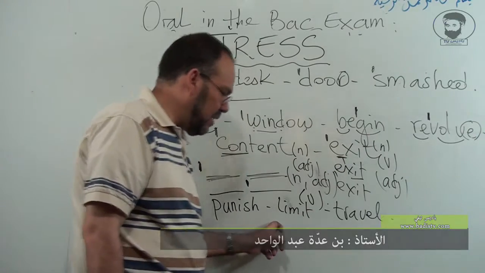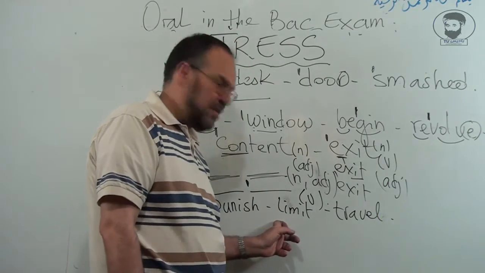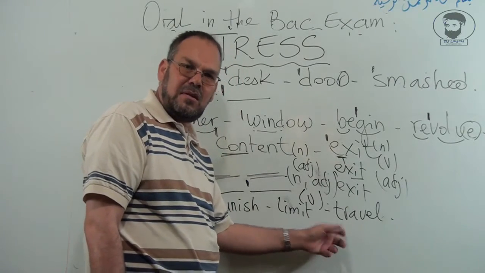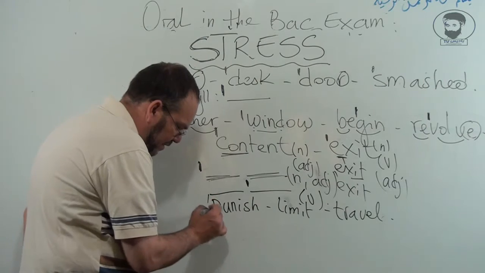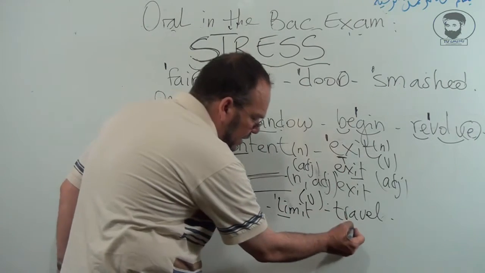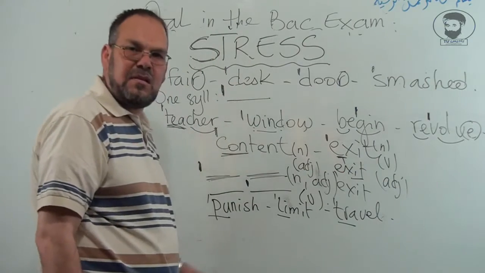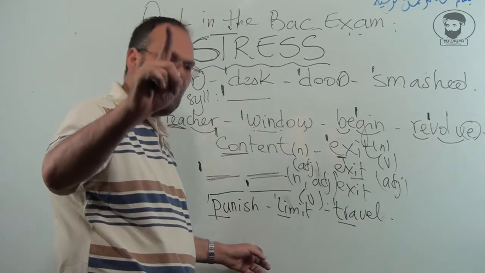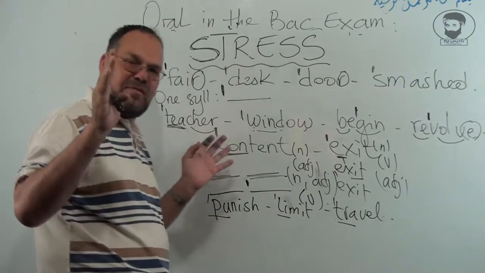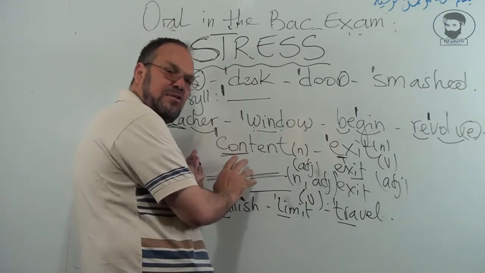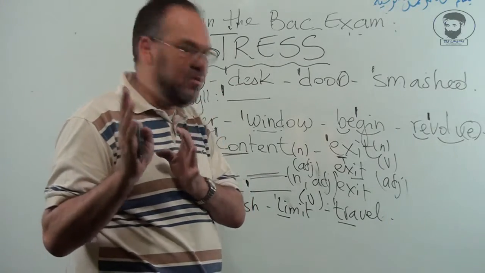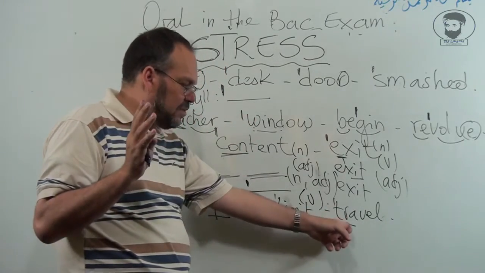Do we say limit or limit? Do we say trouble or travel? So we say punish, we say limit, we say trouble. These are exceptions. So not all the words with two syllables have the same rule. Most of them go under this rule, but the other parts are just irregular rules for these kinds of words.